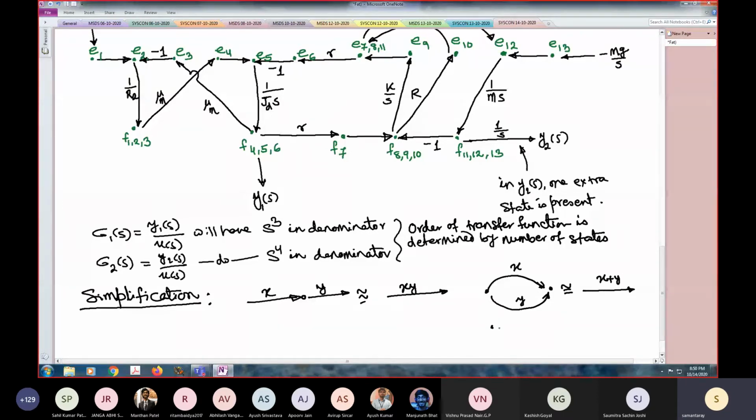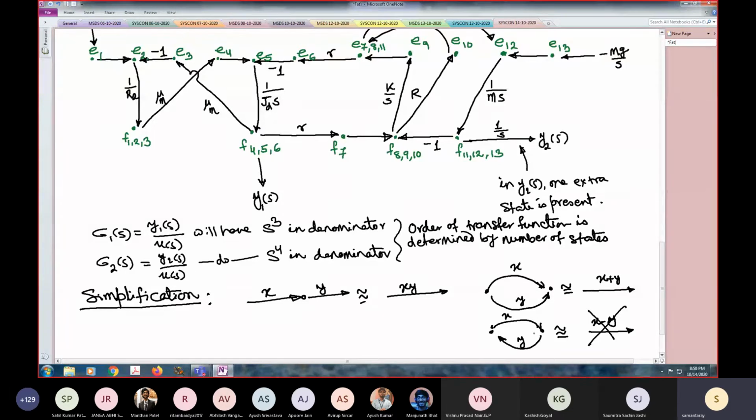But I have seen people doing x and y, and they are making it x minus y. This is absolutely wrong. You cannot just change the direction and make it minus. It's not a bond graph. It's not power direction. It's a signal with already assigned causality.